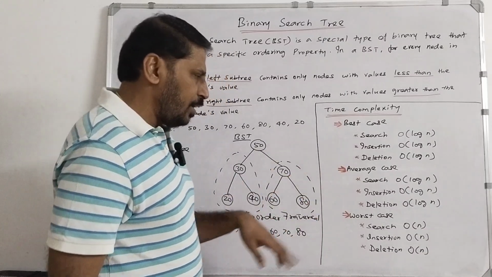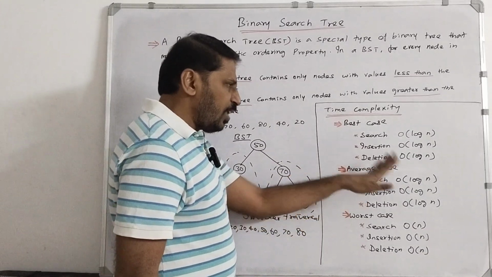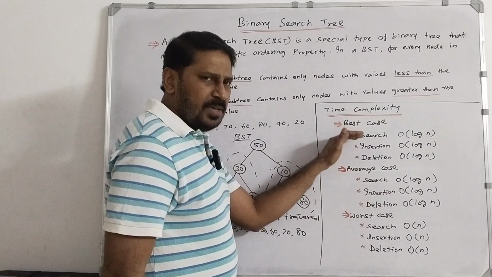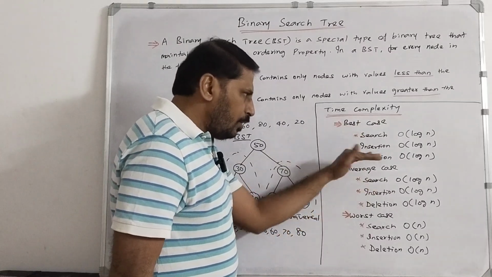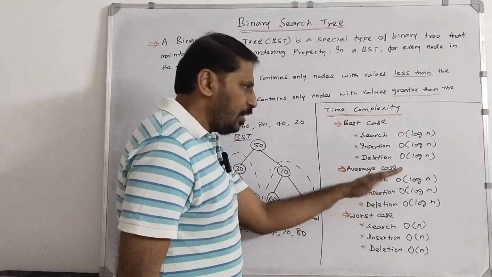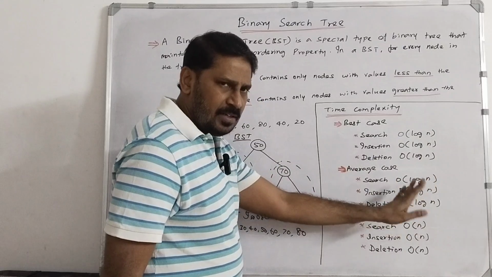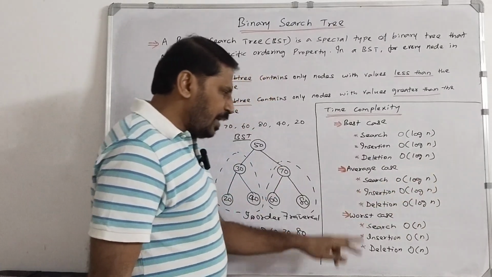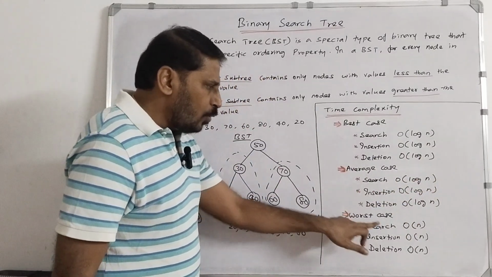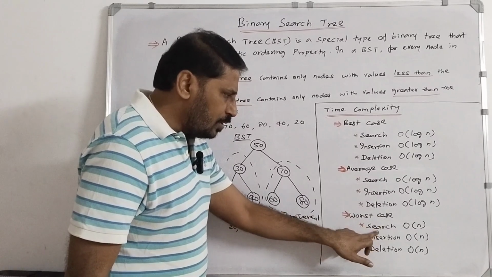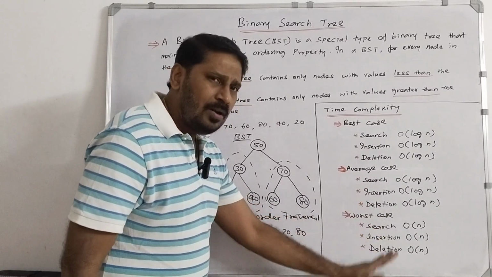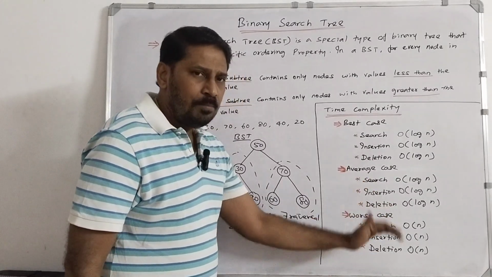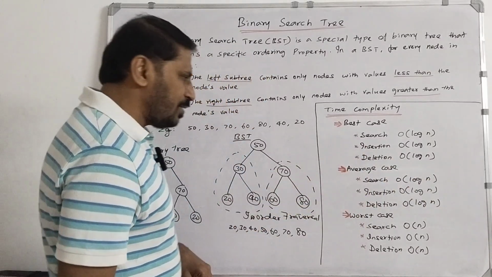In the average case, it is also the same as the best case. Whereas in the worst case, search, insertion and deletion all come under big O of n.